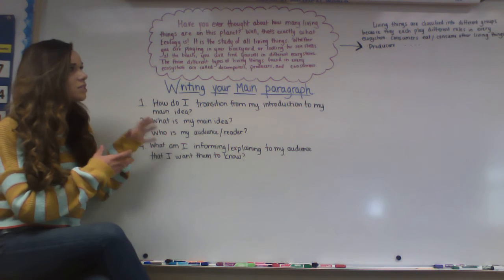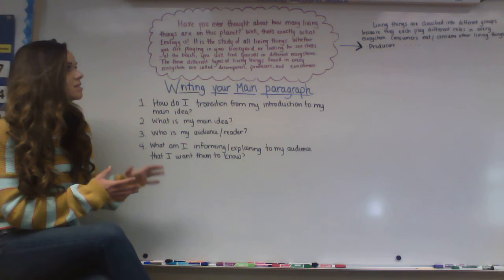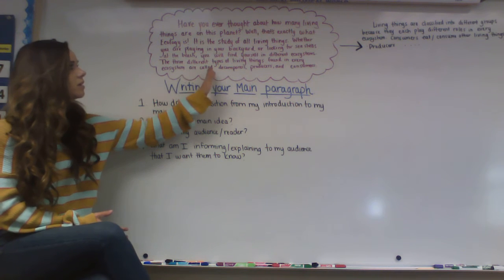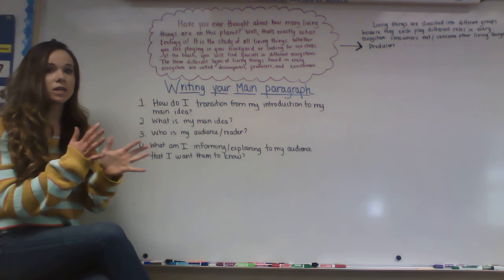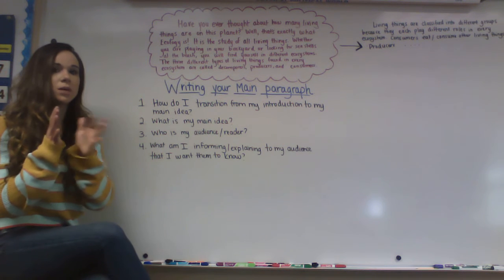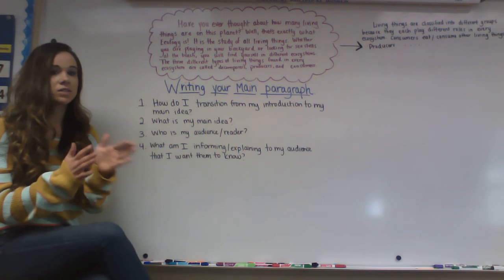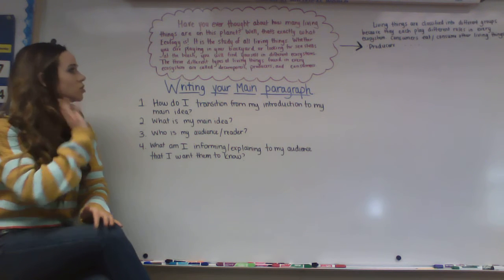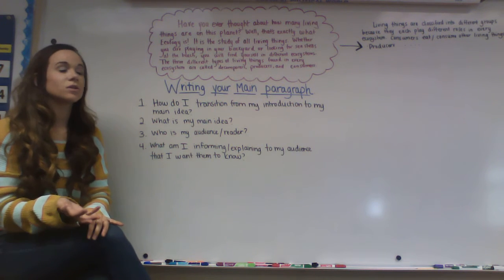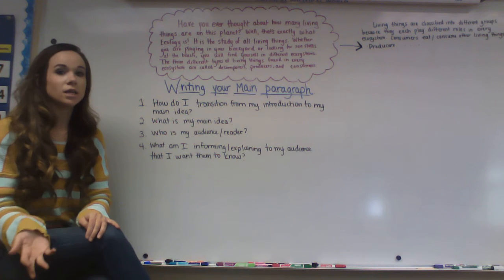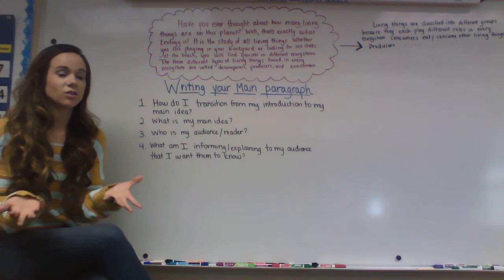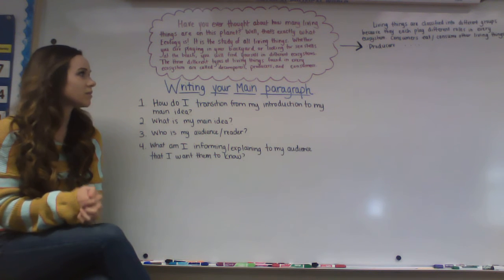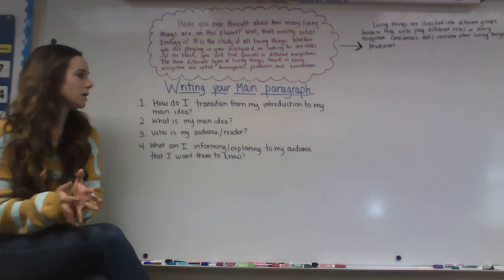So that's a transition into a new paragraph because it's still talking about the same thing I was talking about in my introduction, but it's kind of rewording it and reshaping the flow of how things are going. So instead of just saying producers, consumers, and decomposers are part of the ecosystem, I'm talking about how living things are classified into different groups. So that's how I transitioned into my main paragraph.